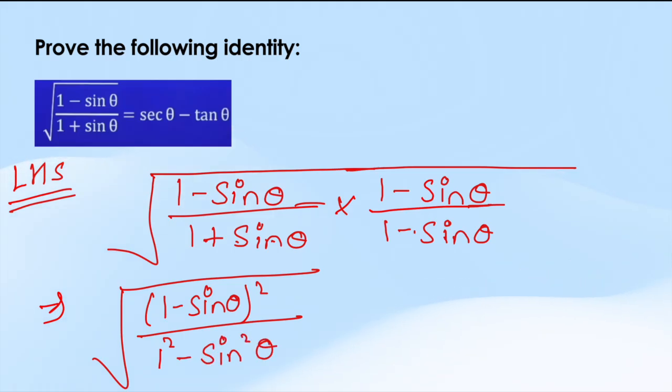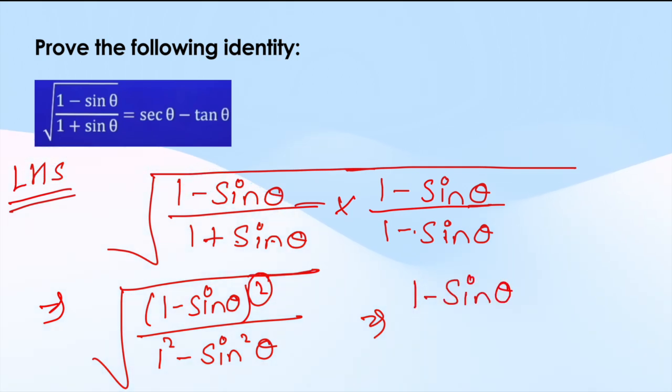Any doubt in this? I just rationalized the denominator. Okay. Multiplied with this. Same thing being multiplied. I can write it as a whole square. And this is this. Okay. If the whole square is there and the root is also there, I can directly write it as 1 minus sine theta, divided by 1 minus sine square theta. And what is 1 minus sine square theta?